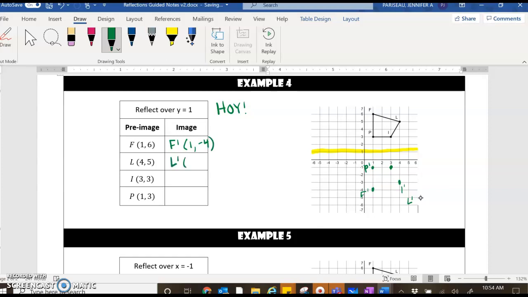L prime, the X value didn't change, but our Y value is -3. I prime, X value doesn't change, and that's -1, and P prime is 1 and -1 as well.